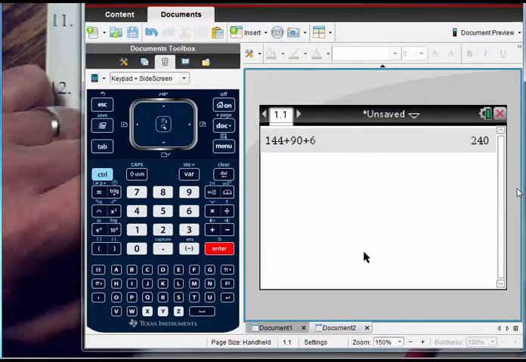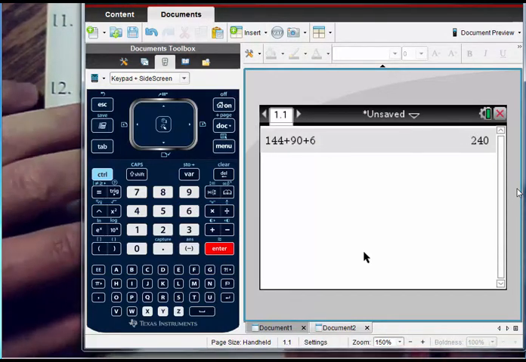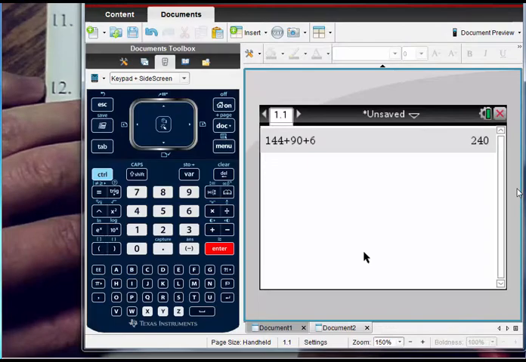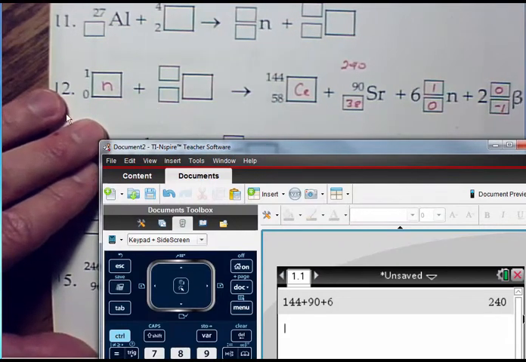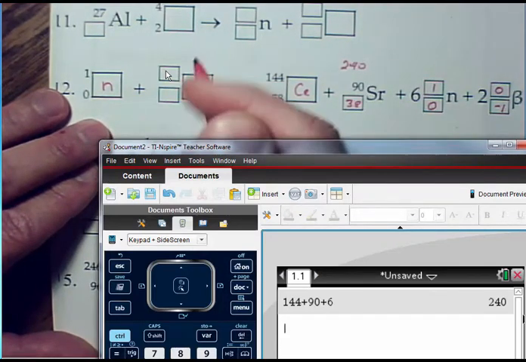I've got a total mass on the right-hand side of 240. I'm just going to put that on the top here on this worksheet so we can kind of see what's going on. All right, 240 is the total mass. Over on this side, this neutron has a mass of 1. I've only got one other particle, so what mass do I need here when added to this 1 is going to give me 240? 239.